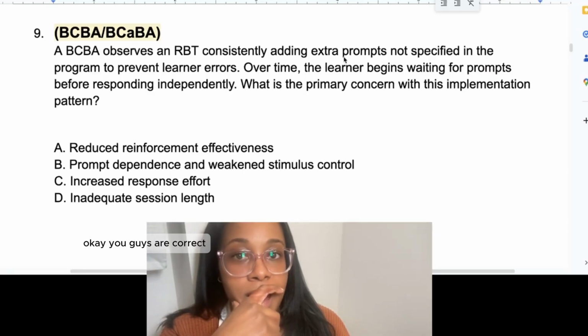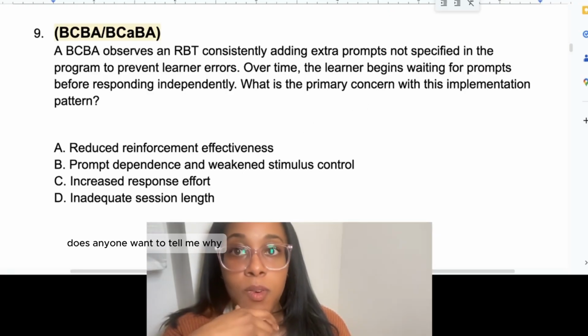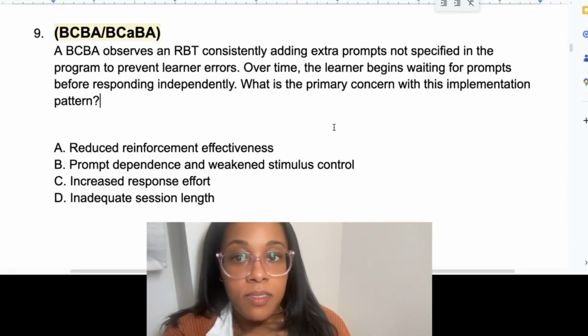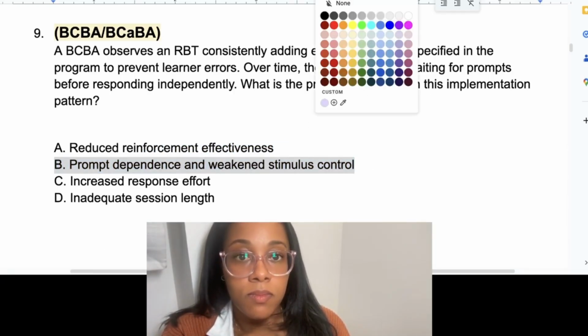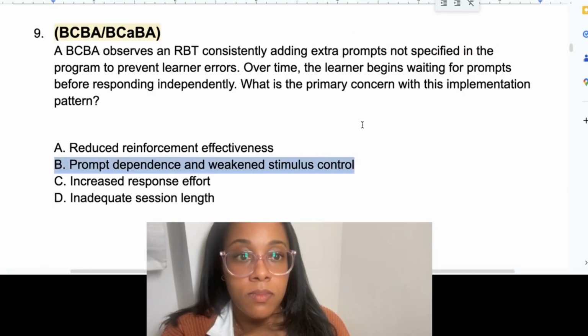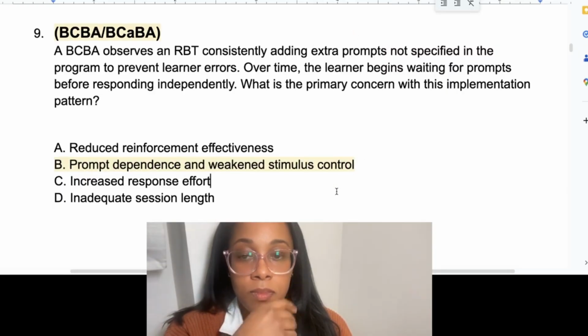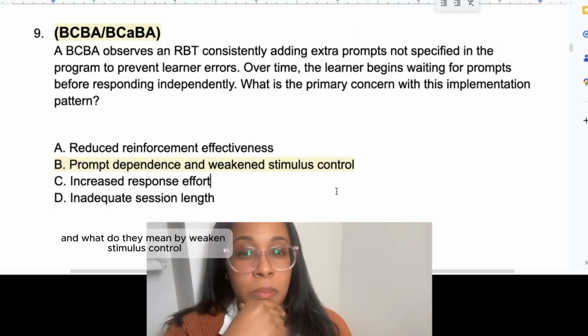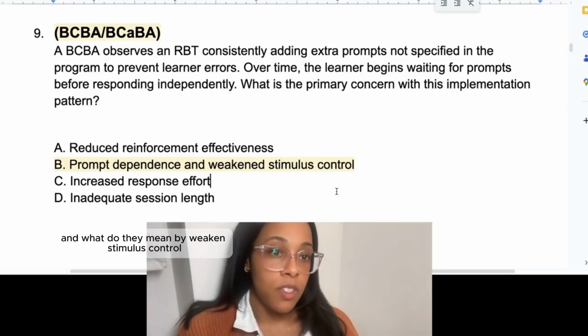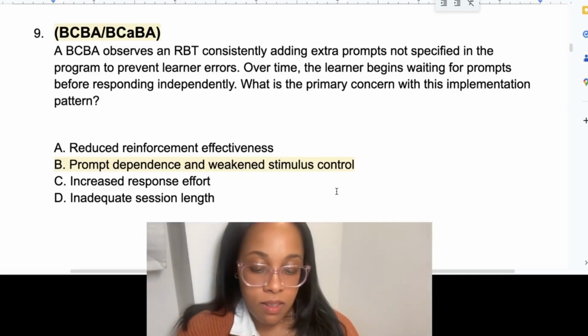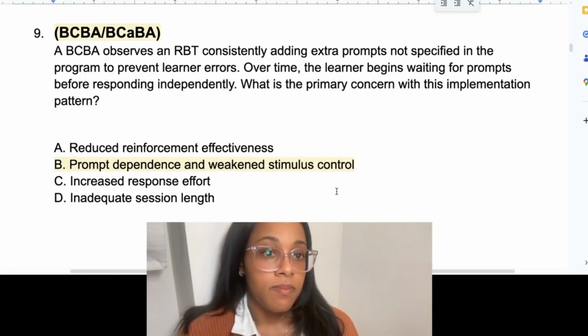Okay, you guys are correct. Does anyone want to tell me why? And what do they mean by weakened stimulus control? What does that mean? They're already becoming prompt dependent in the example.